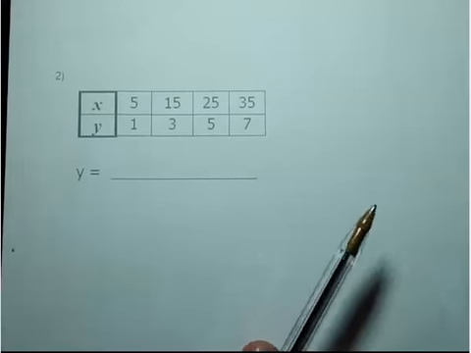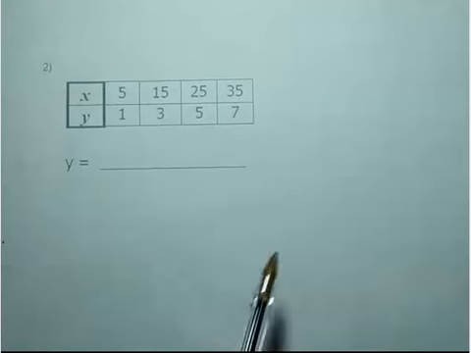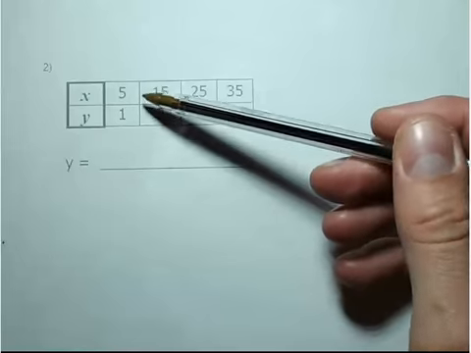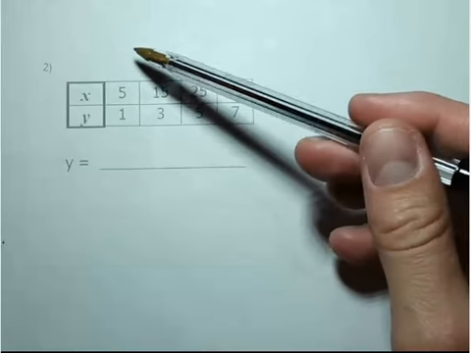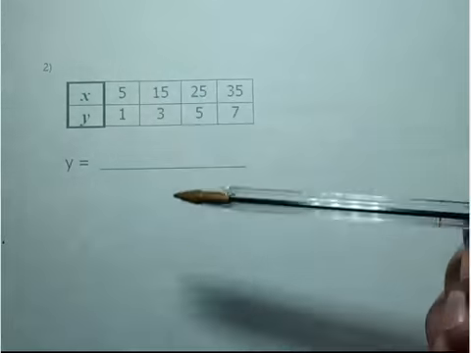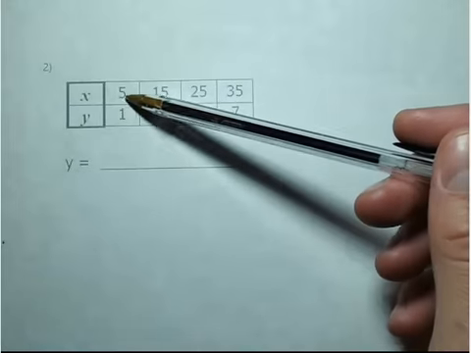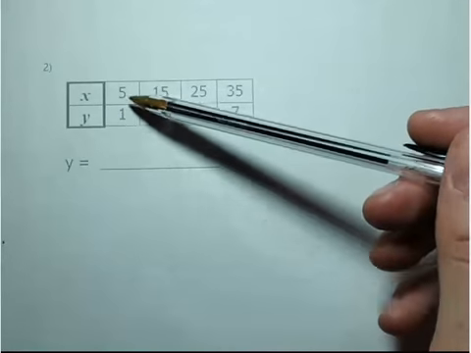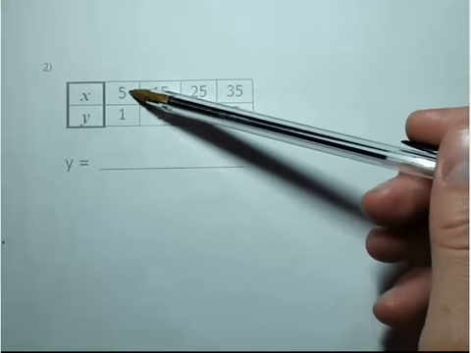Same exact thought process for number 2. How are we getting from our input to our output? What's my equation that I'm plugging the input into to get the output? This one is interesting because the output is smaller than the input.